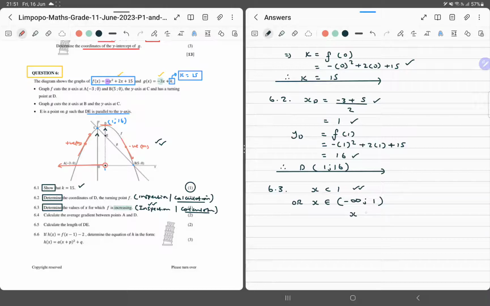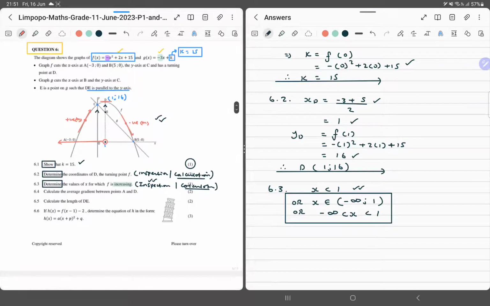Or others may write negative infinity less than x less than 1. So these are just your options in writing that same answer. You choose whichever makes you smile.